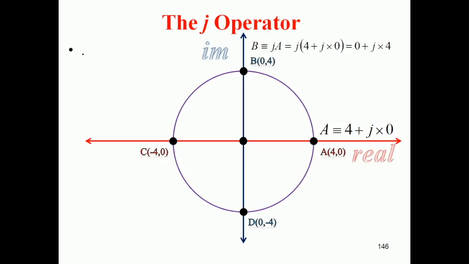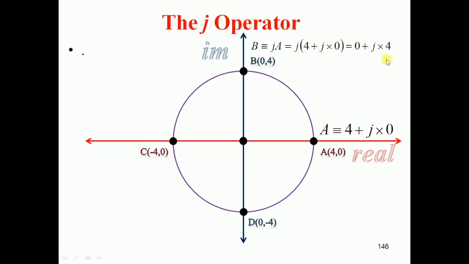Now the point B, which has coordinates (0, 4), we have B equal to the j operator operated on A. A we have written as 4 plus j times 0. So j is again operated on 4 plus j times 0.